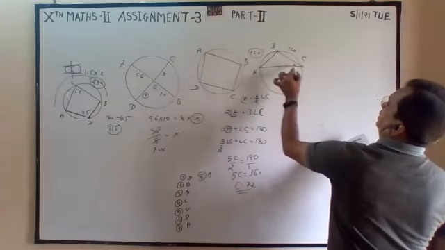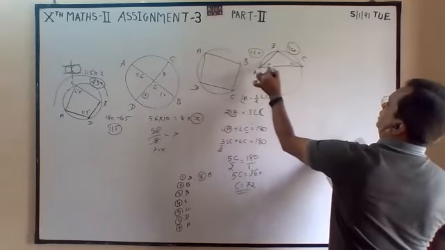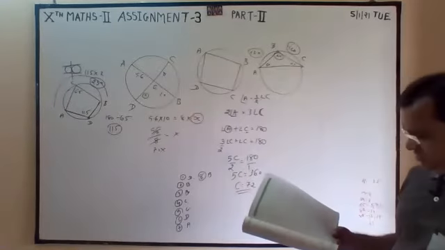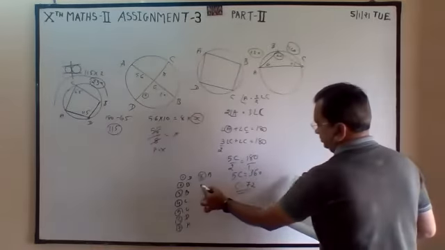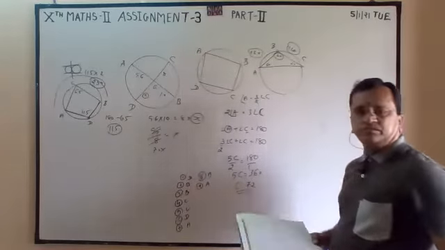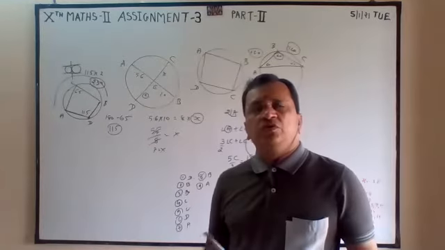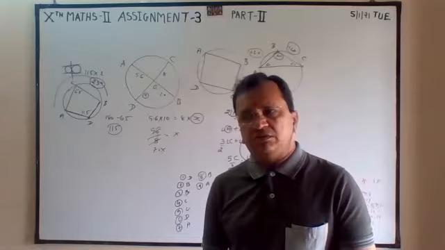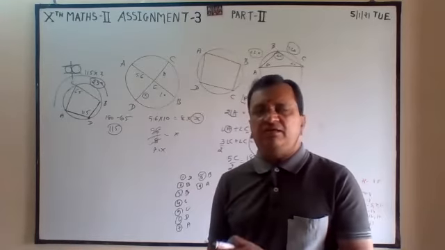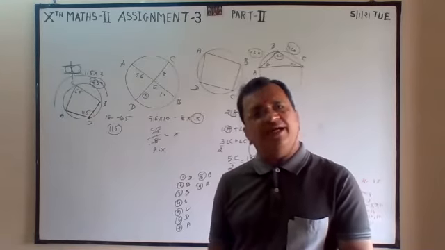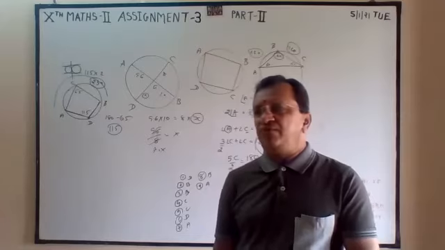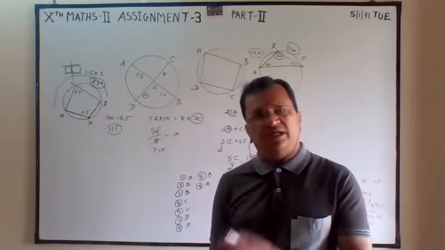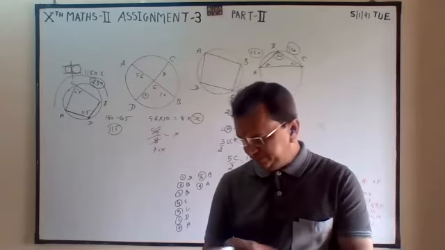If this is 120, this is 60. If this is 120, this is 60. Then automatically the third will be 60. Equilateral triangle, first. Two arcs are congruent, so two sides are congruent. And both arcs are 120, so both inscribed angles are 60, 60. So if any two angles of a triangle are 60, 60, it is said to be an equilateral triangle.